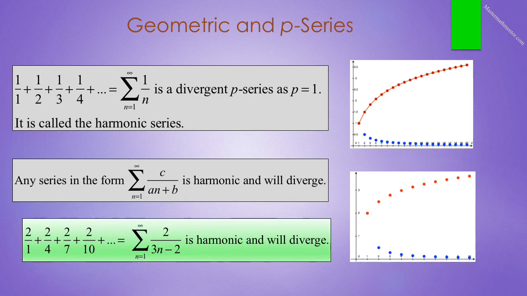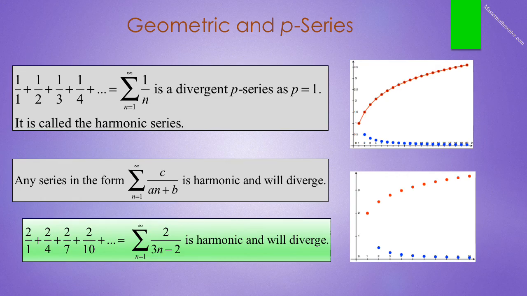So if you encountered 2 over 1 plus 2 over 4 plus 2 over 7 plus 2 over 10, and you realize that this was equal to summation n equals 1 to infinity of 2 over 3n minus 2, applying the nth term test will just tell you that the series could converge, and you need another test.